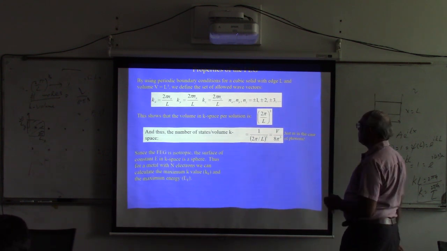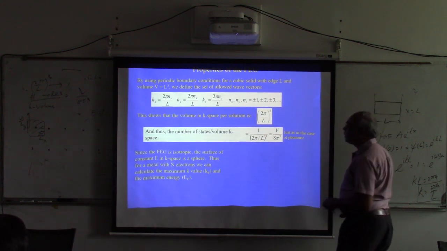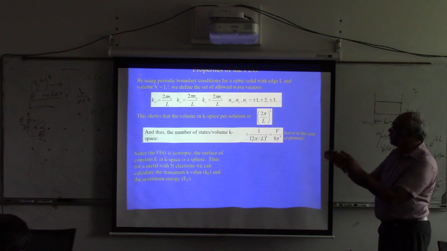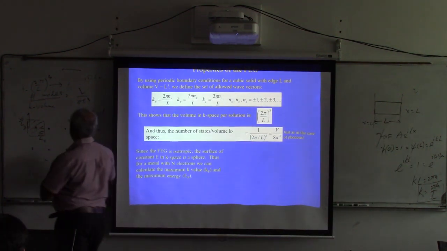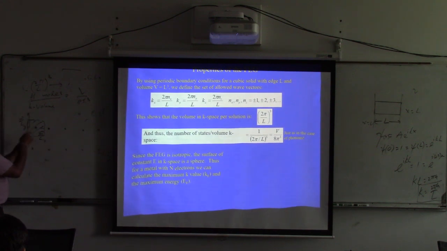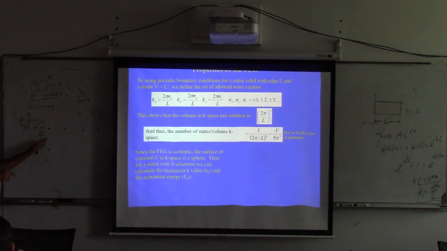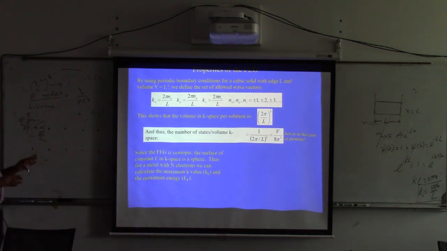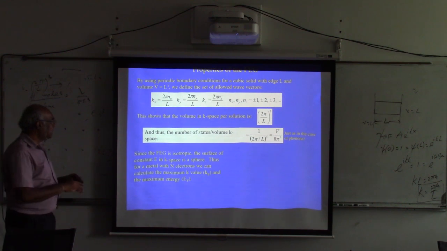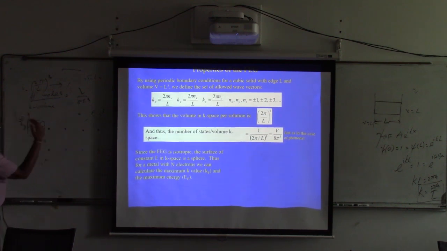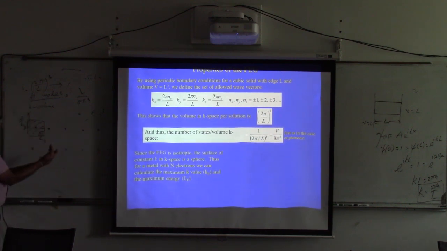Now this is the important thing: we are going to talk about the isotropic case, where every direction has the same relationship for k, kx, ky, kz. Then in 3 dimensions it is a sphere, right?